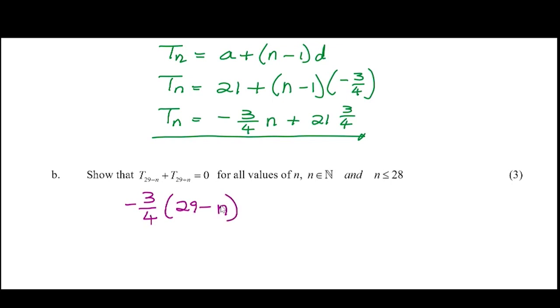And then we're going to add the same formula with T29 plus n. So this is going to be negative 3/4, 29.